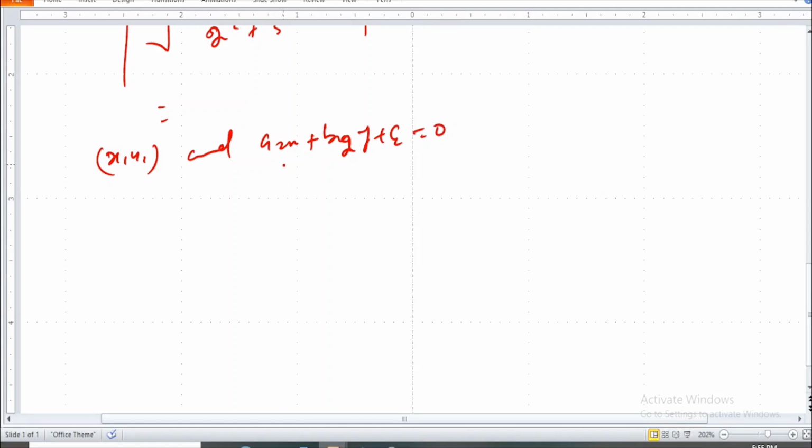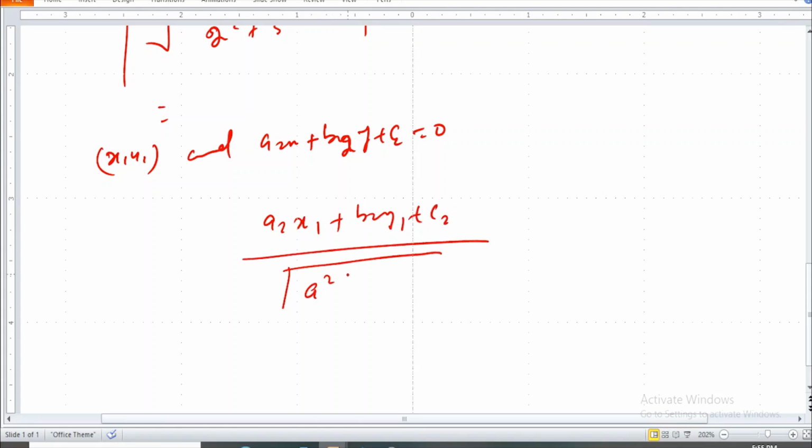So replace x with x1: a2 x1 plus b2 y1 plus c2, divided by the square root of the coefficient of x squared plus the coefficient of y squared, this one, the coefficient of x is this one, right?